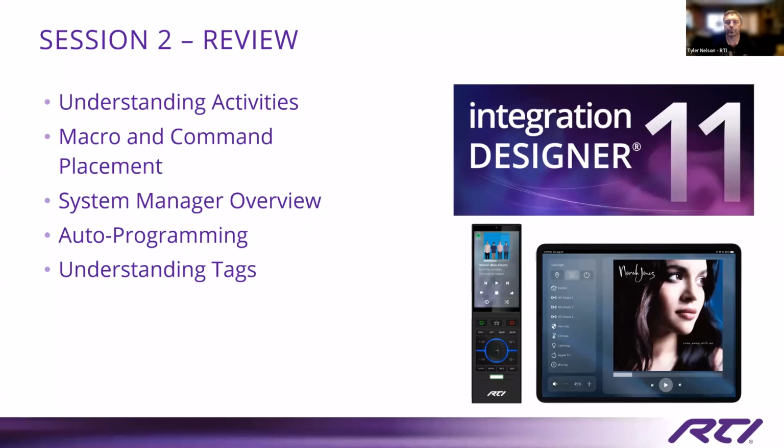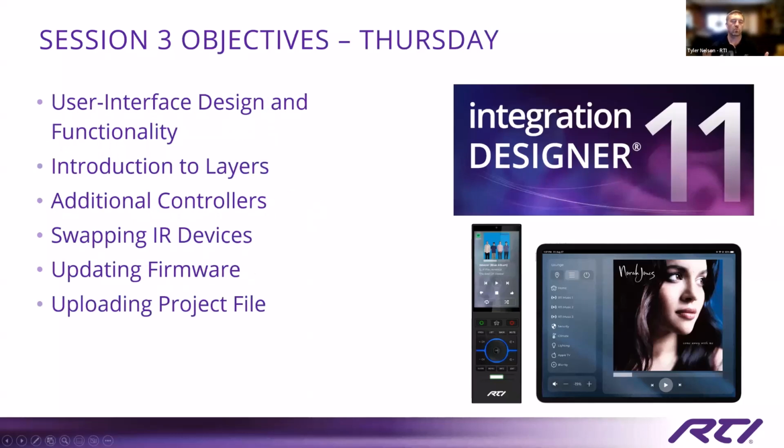And the next step in this process, as we mentioned yesterday, we really hadn't even talked about the user interface until we got to tags. Almost the last thing that we talked about was the user interface, and we started getting into that a little bit. What I want to do today is dive into it a little bit more and talk about the design and the functionality of it and things that you need to check on and understand.